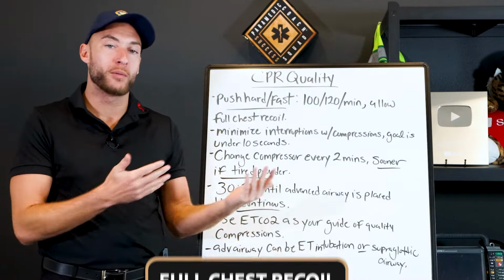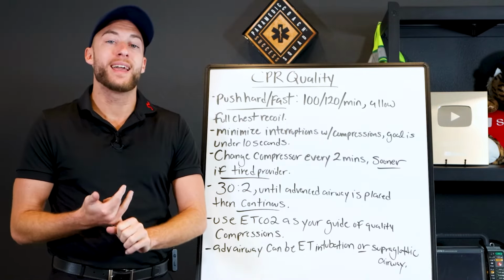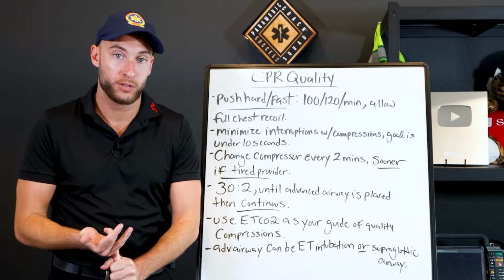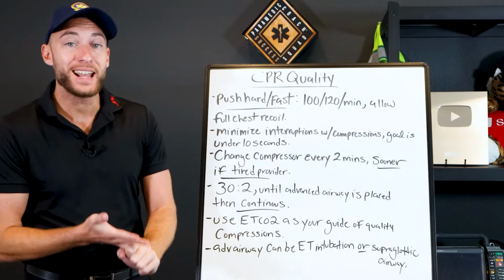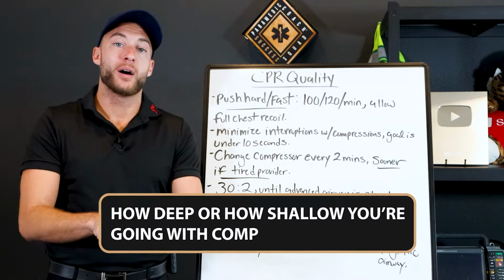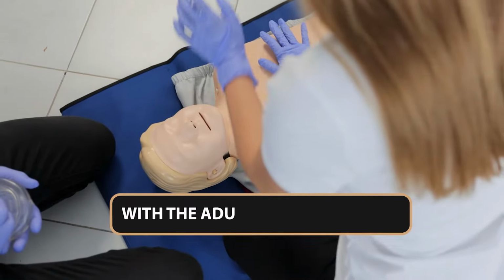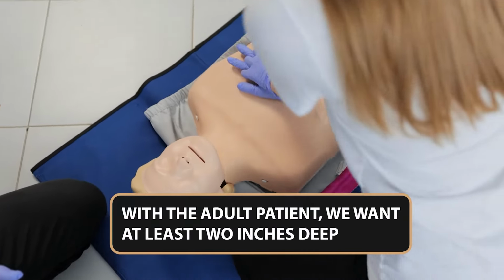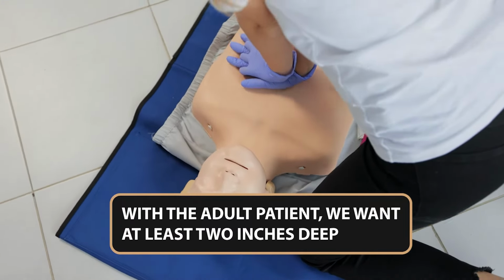Now, some other pearls I didn't write down here. As far as ventilations, we don't want any excessive ventilations, right? So follow the guidance. More on that in a second. The second thing I also want to touch on, not written down here, is how deep or how shallow you're going with compressions. Remember, with the adult patient, we want at least a minimum of 2 inches deep.